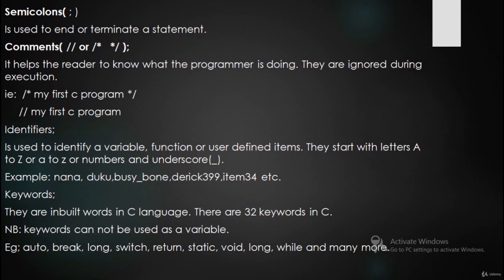Now let's learn something about identifiers. An identifier is used to identify a variable, function, or user-defined items. They start with letters, capital A to capital Z or small a to small z, or numbers and underscores.